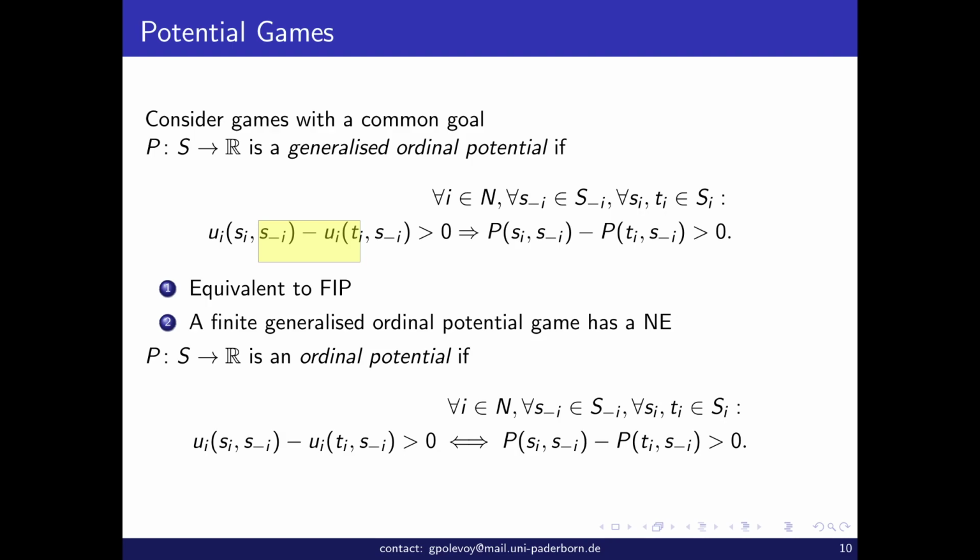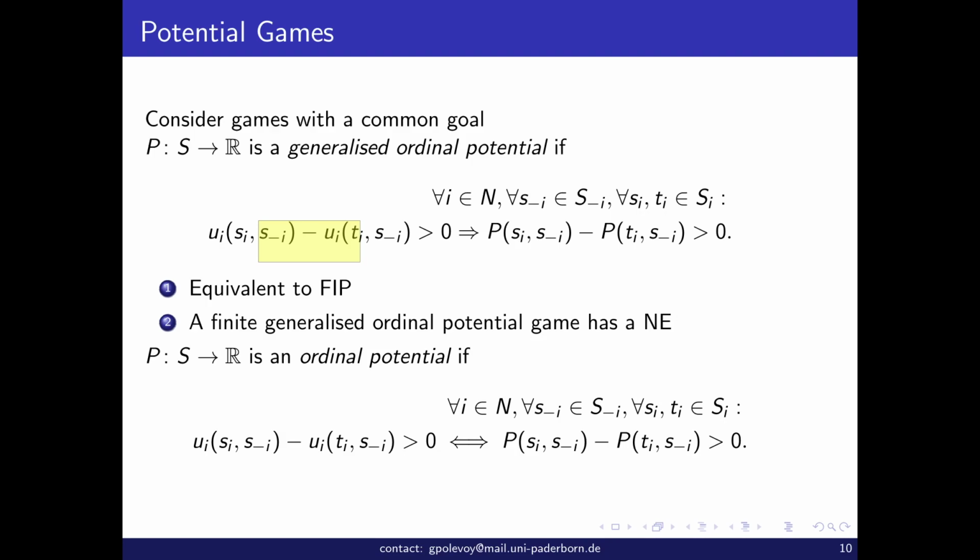That can be shown to be equivalent to a finite improvement property: when you look at a path starting from some strategy profile, where one player at a time changes her strategy, this chain of changes, consisting of deviating players each strictly improving, can only have a finite number of steps.